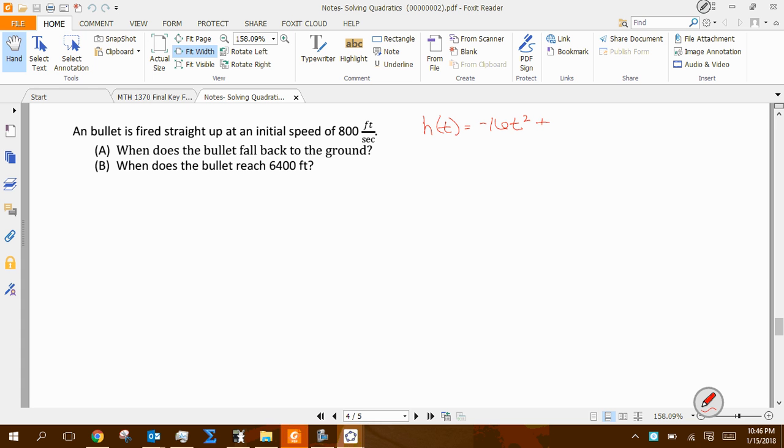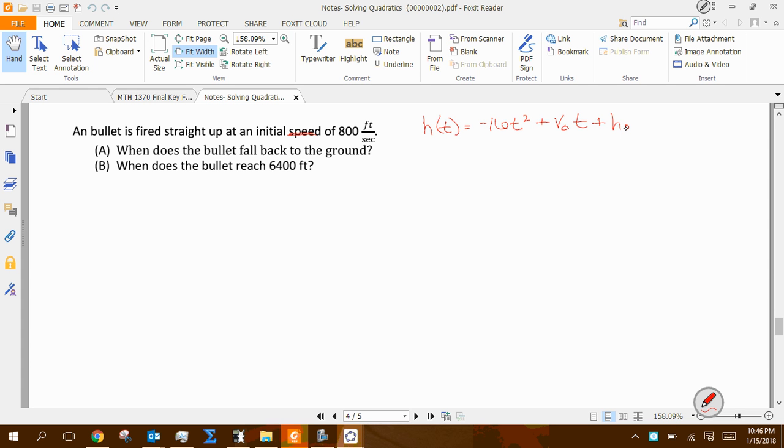But then it's plus v sub 0 times t. Anything that's a subscript of 0, we read it sub 0, and it's basically just an initial amount. So this is an initial velocity or initial speed, and then plus h sub 0, which is your initial height.